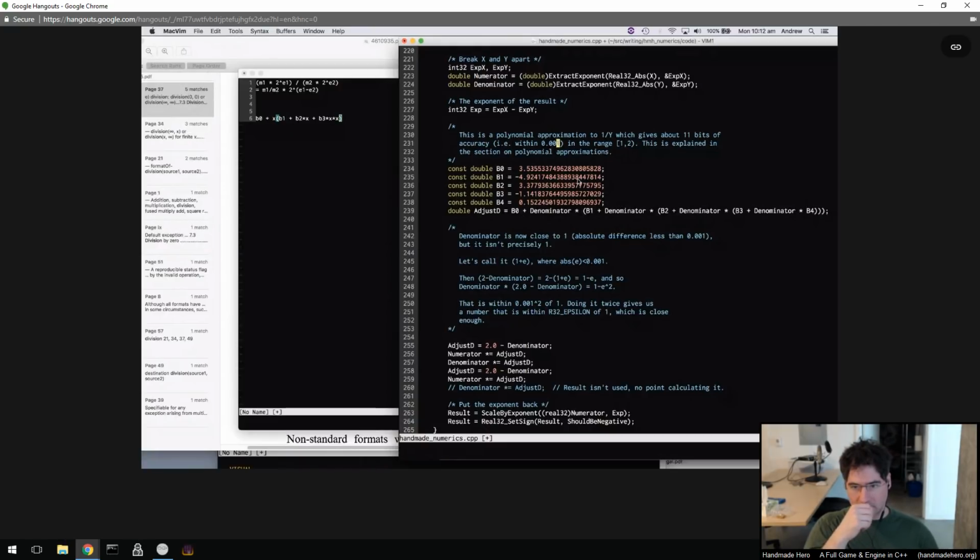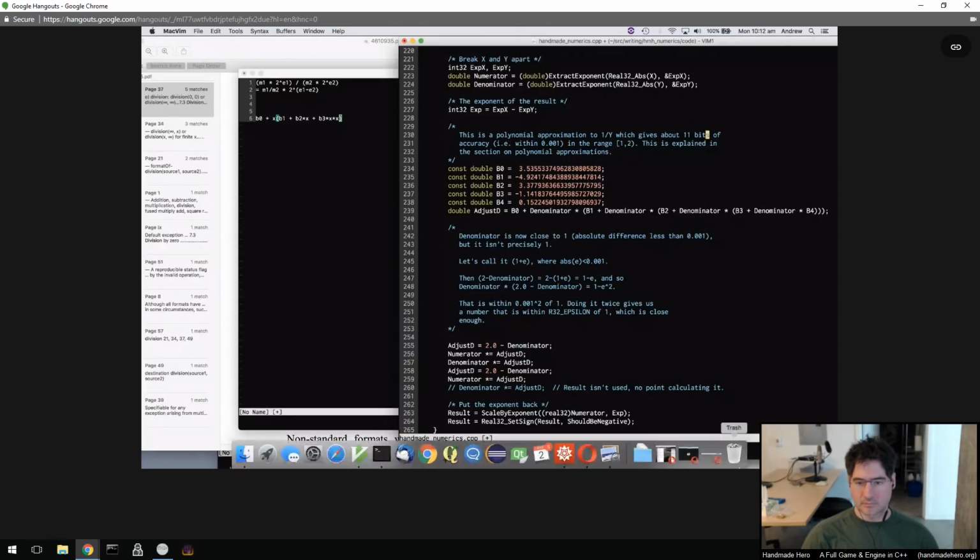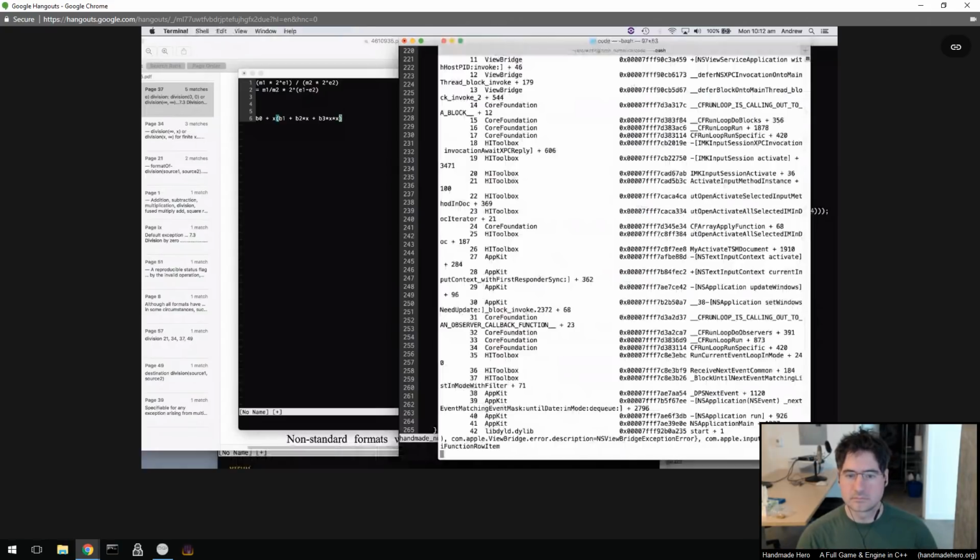I'll put the code on the wiki or something, and you can try it for yourself. But I will explain how we get these numbers soon. This 11 bits of accuracy, I didn't pick that at random. Let me show you how I picked that.